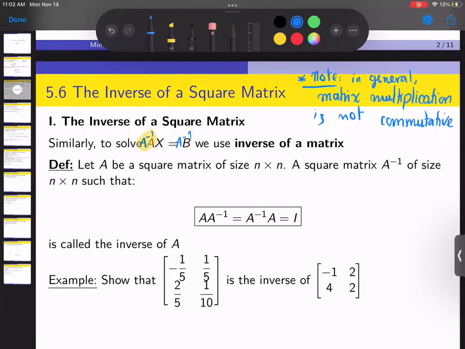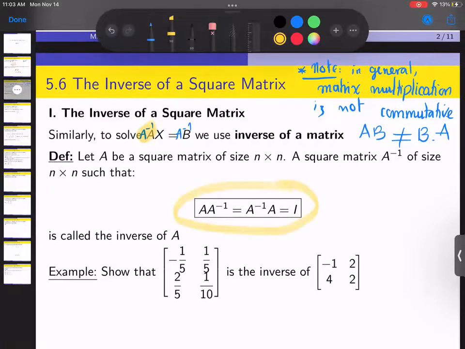That means A times B is not always equal to B times A. It's very rare that they are equal. Usually they don't. Now, in this case, I claim that this looks like it is commutative.